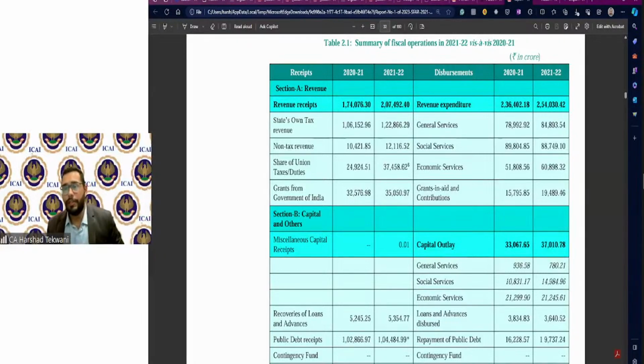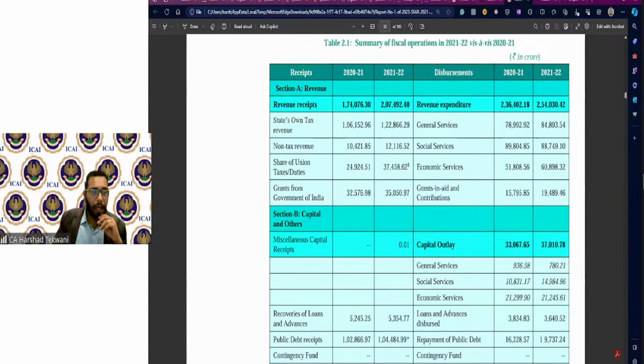Now the question is, if you are auditing such a case, where these kinds of formats are something you've never seen before, how will you audit? Or, for example, let's say you have non-tax revenue.